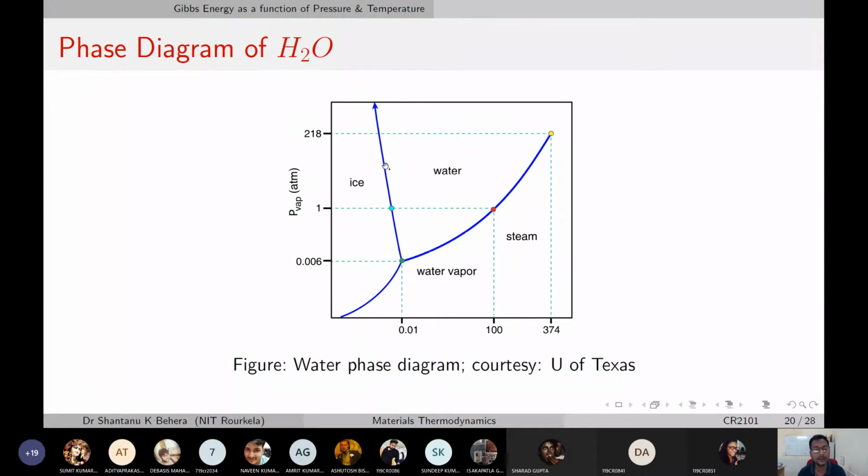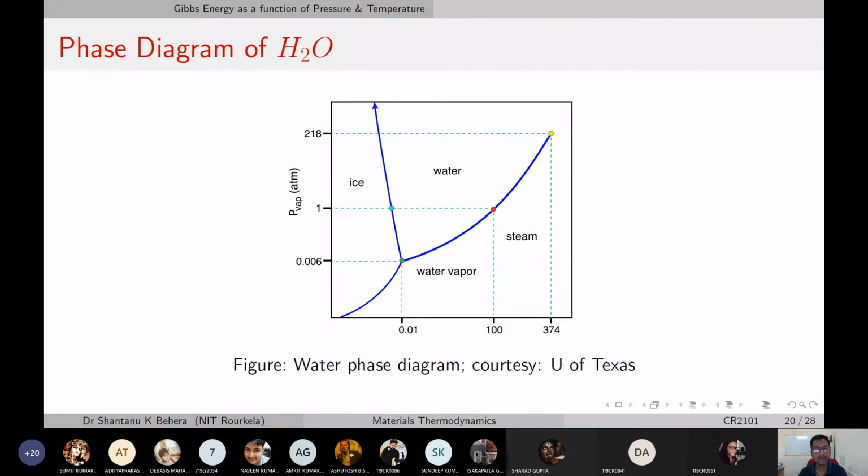Okay, this two-phase equilibrium line, which exists between the solid phase and the liquid phase, is tilted towards the left, in the sense that an increase in pressure actually decreases the melting point, and that's how it shifts the equilibrium between the solid state and the liquid phase to a lower temperature, right, which is very unique in water.